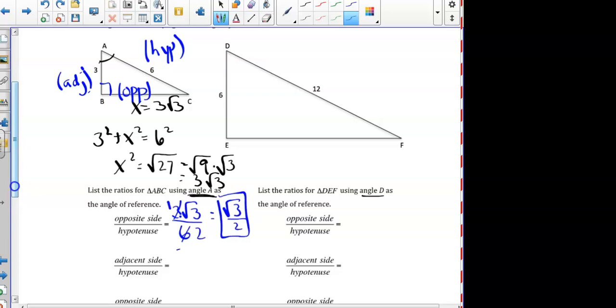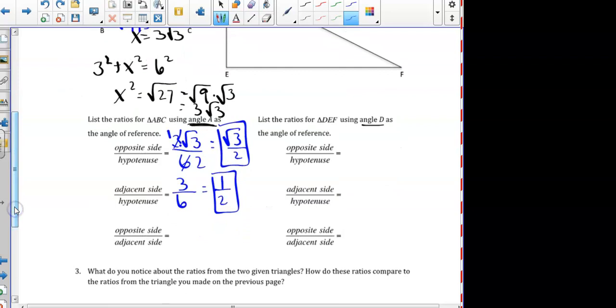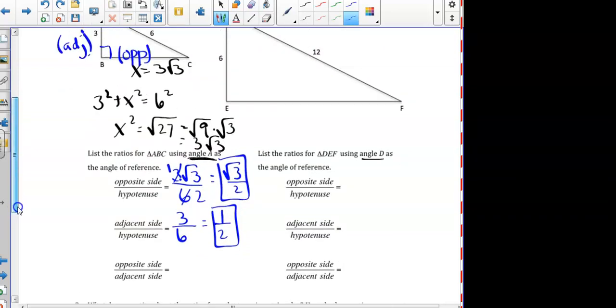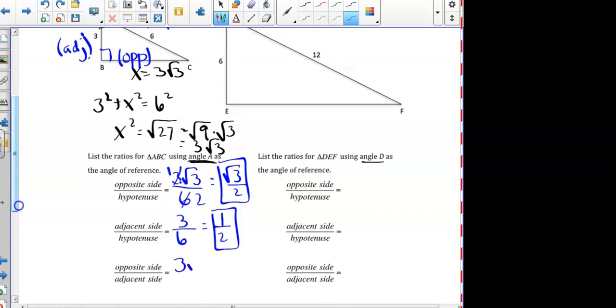The adjacent side over the hypotenuse should be 3 over 6, which simplifies to 1/2. And the opposite side over the adjacent, opposite side was 3 root 3, and the adjacent was 3. When we simplify that, we get root 3. So these are our ratios that relate the opposite side, the adjacent side, and the hypotenuse in a right triangle.